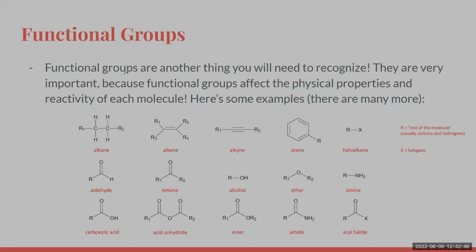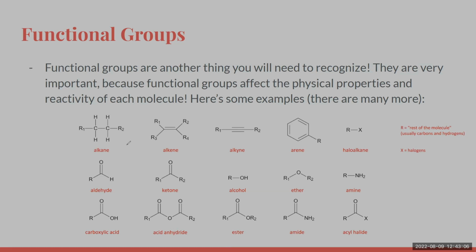So moving on to the second part of this workshop, it's going to be functional groups. And so functional groups are another thing you definitely want to be familiar with and be able to recognize. They affect both the physical properties and the chemical properties, so like the reactivity of each molecule. And so here are a few examples.